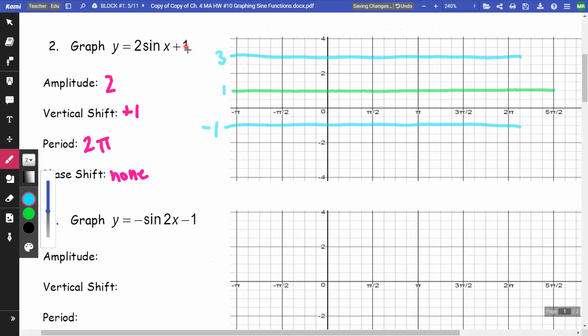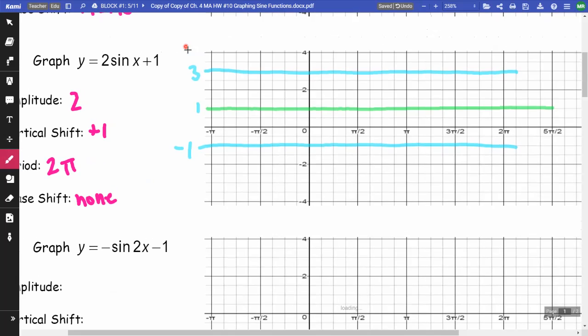Now, since there is no phase shift, I am starting at 0, and my period is 2 pi. I am going to be starting here. This is going to be my air quote 0. I'm going to be ending at 2 pi. That's also going to be my air quote 0.